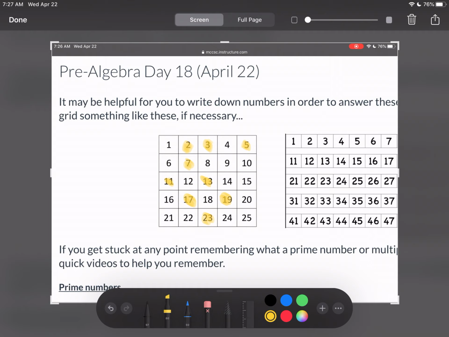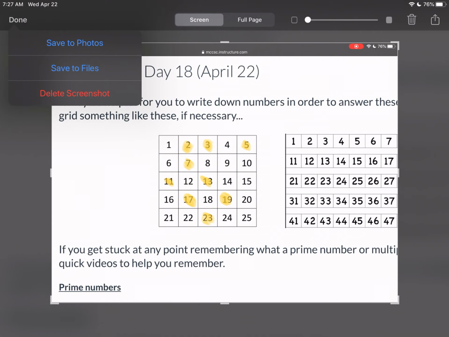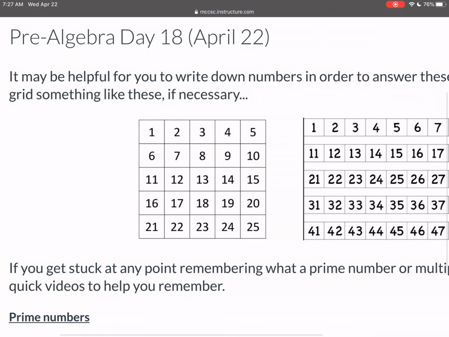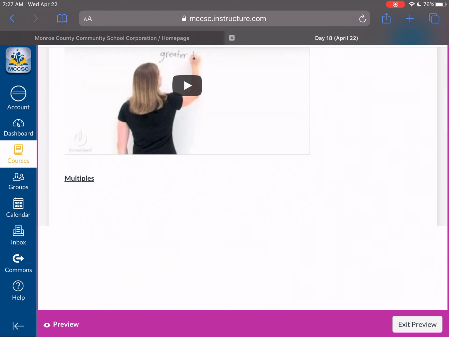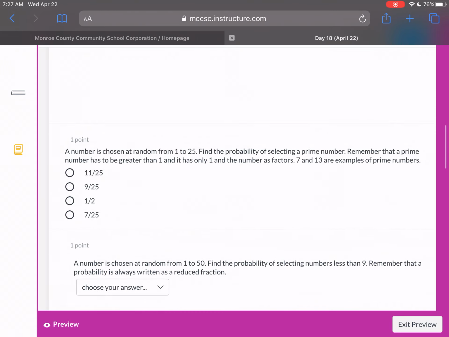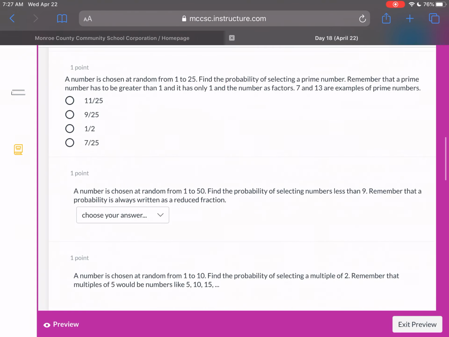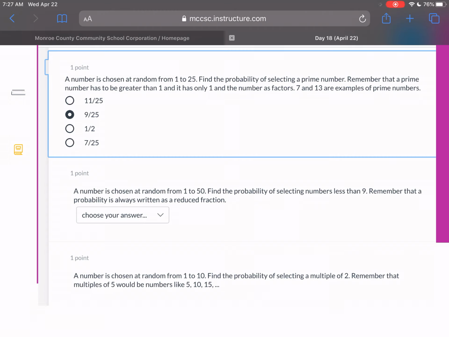All the other even numbers are not prime, but it's not every single odd number either, so don't get confused by that. So that means I have a total of 1, 2, 3, 4, 5, 6, 7, 8, 9 highlights out of 25 total. So I'm going to scroll back down, and look, there's that option, 9/25. Didn't lie to you. How exciting.